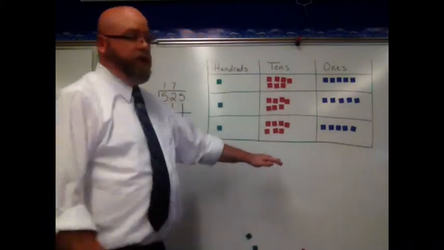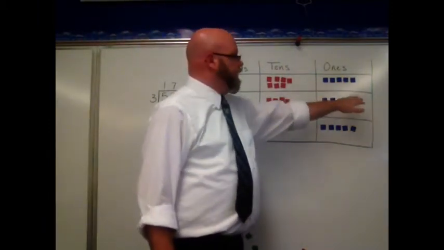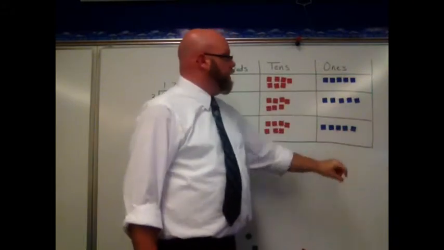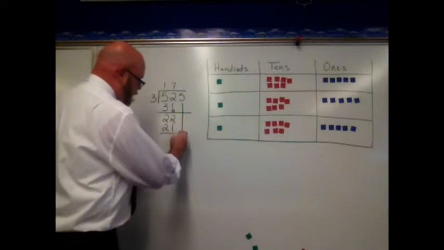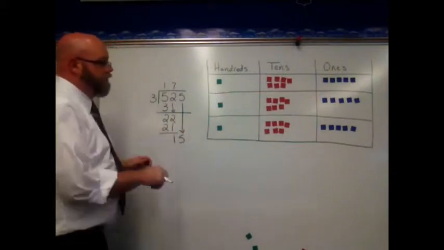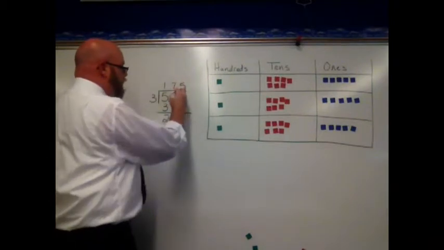So that 10 now gives me the 5 1s I started with, plus 10 more 1s, making 15 1s. 3 will go in each one of those 3 groups. There are 5 1s.